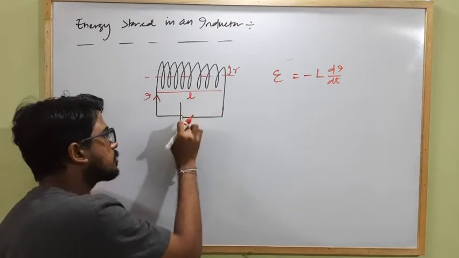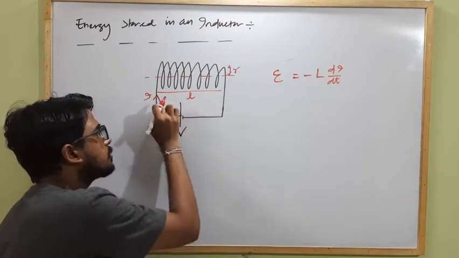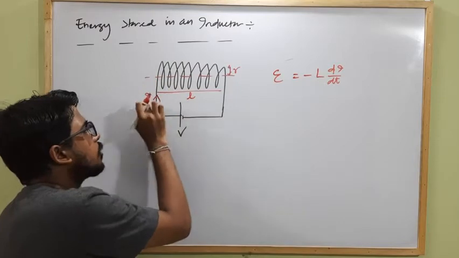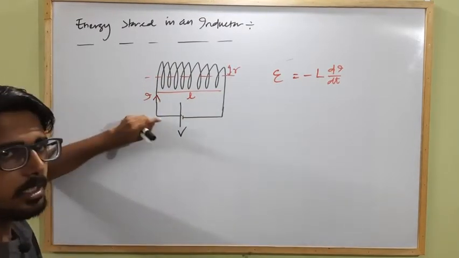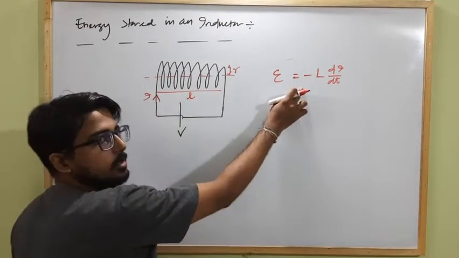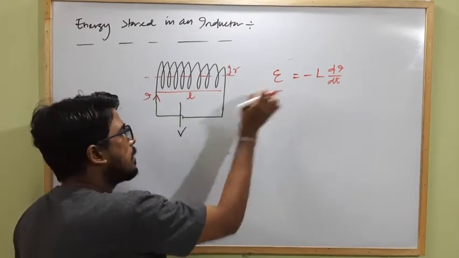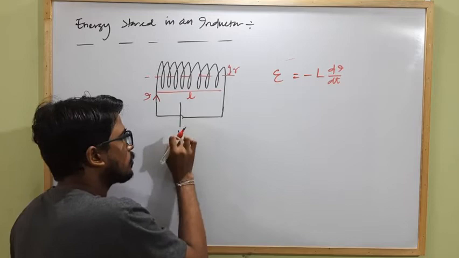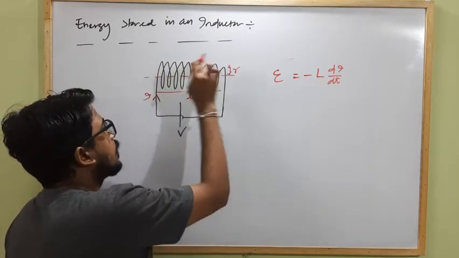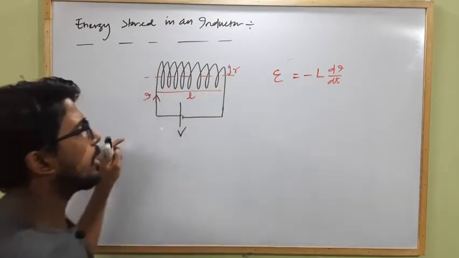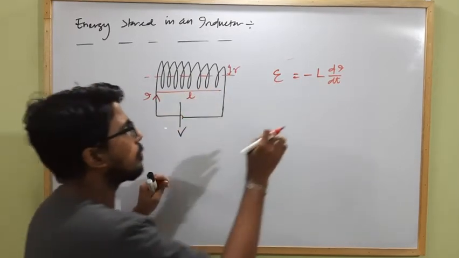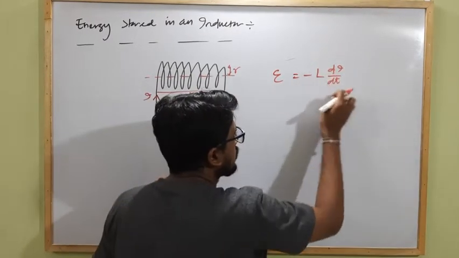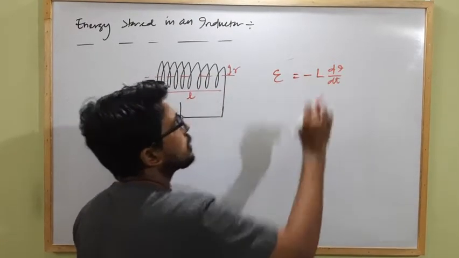That's why the external source which tries to flow the current I within this inductor has to do some work to overcome this opposition. The minimum value of this external source to allow a current flowing through this inductor by overcoming the opposition offered by the inductor must be equal to how much? By magnitude this much and in direction opposite to this.